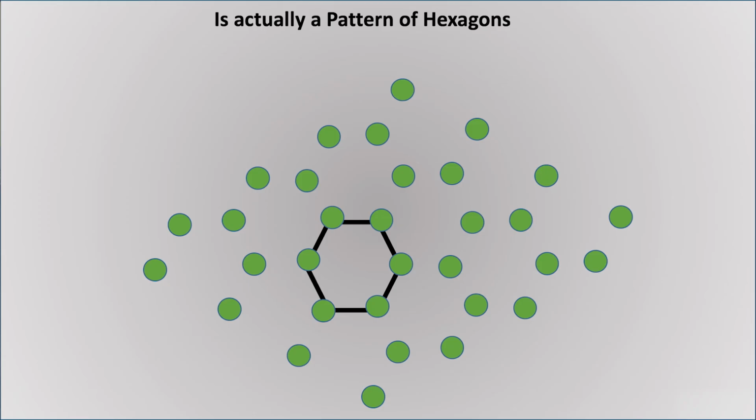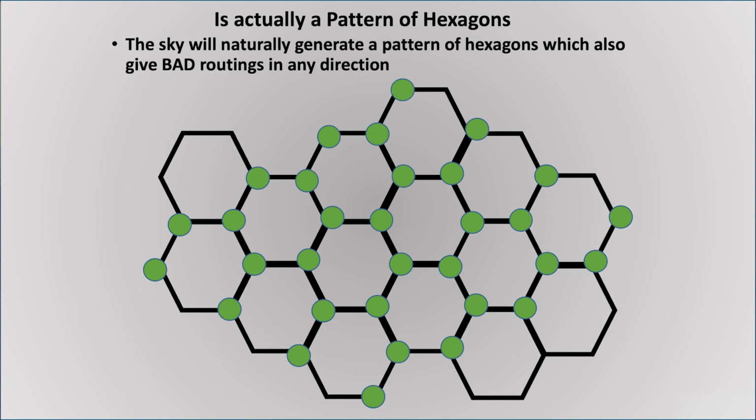And of course, from small hexagons, we can make big hexagons. So we've got our pattern of hexagons. The sky will naturally generate a pattern of hexagons which also give bad routings in any direction.